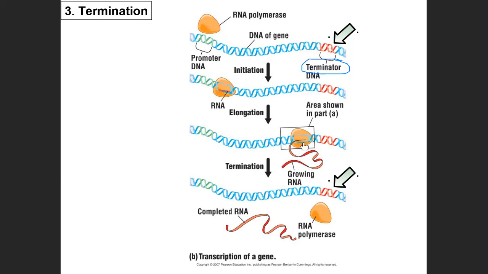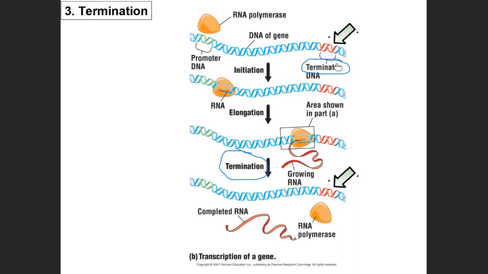So eventually, as RNA polymerase is performing the second step, elongation, synthesizing an ever-lengthening or growing mRNA molecule, it will come across a region of DNA that tells RNA polymerase you are now at a terminator sequence, or terminator DNA, therefore it's time to stop transcription.